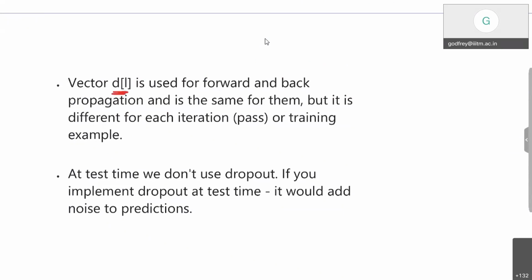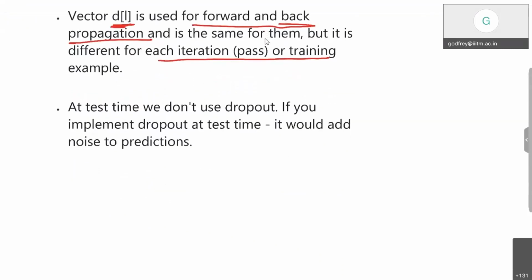When you use this, you use the same mask for both the forward and the back propagation. So whatever layer's state needs to be done, it's the same here. But it can be different for different iterations, different passes, different training examples. Say I am training using a for loop from 1 to m.